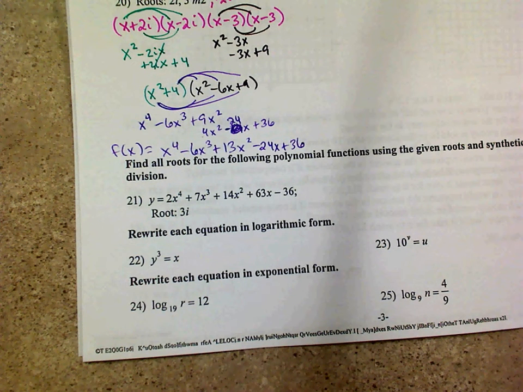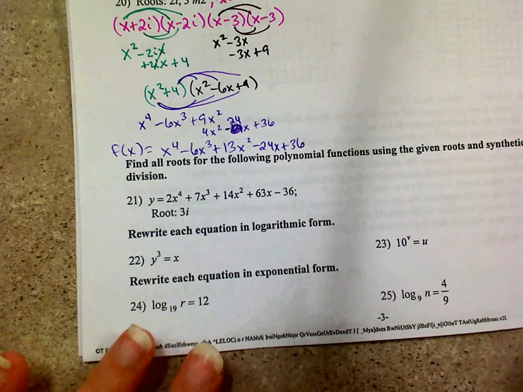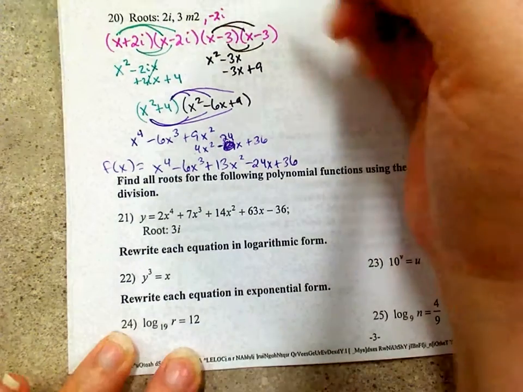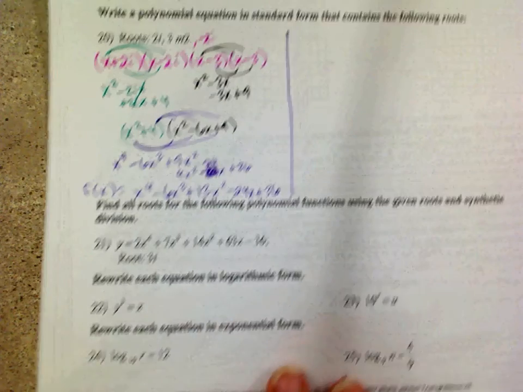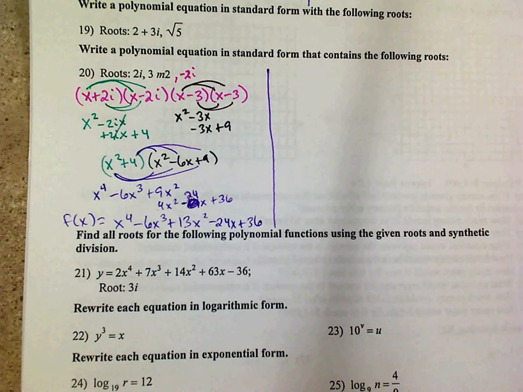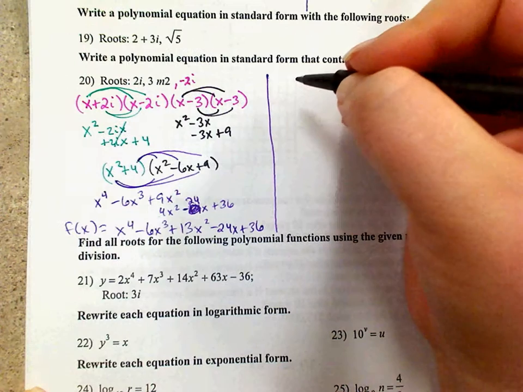Okay, so 21. We're going to try and fit 21 in right quick. Find all the roots for the following polynomial functions using the given roots. Do we have time? Well, I'm going to go ahead and start it and then finish it, and when the bell rings, whatever, y'all can just leave.